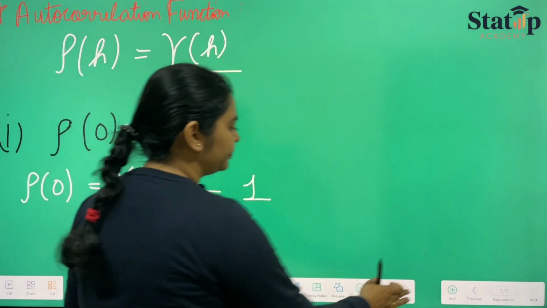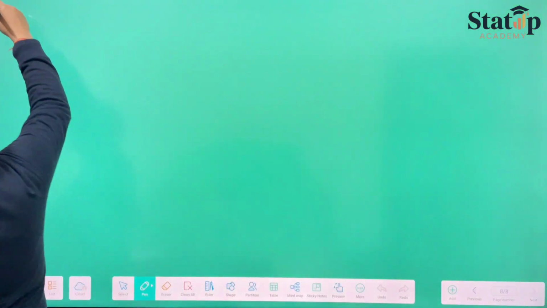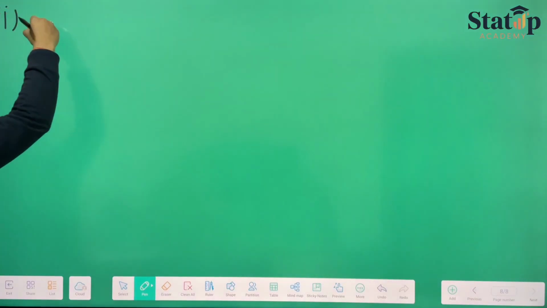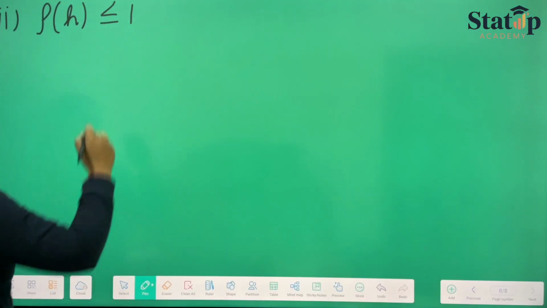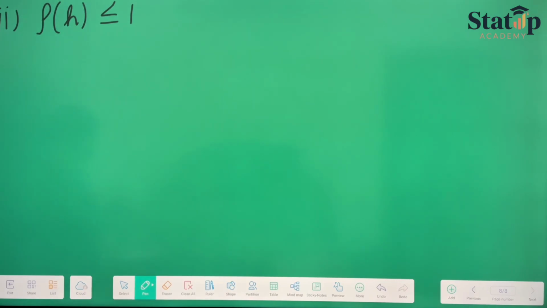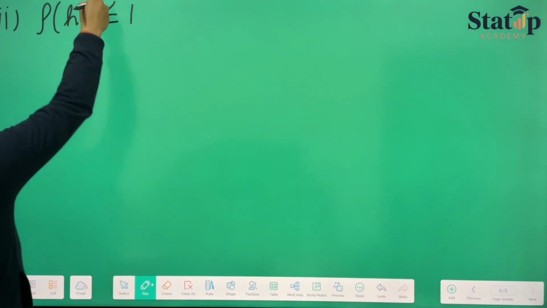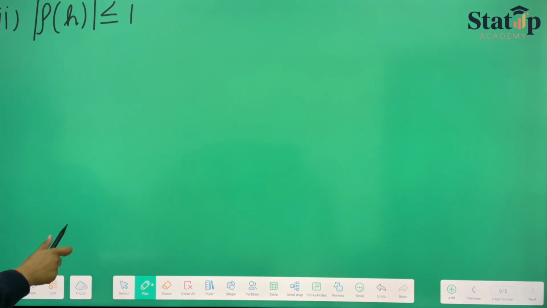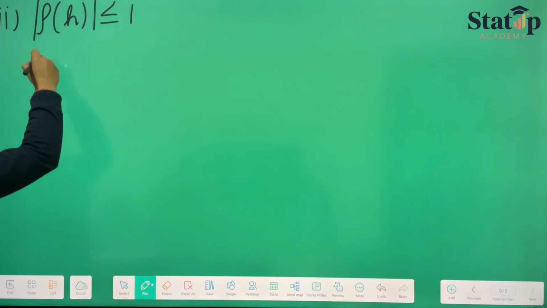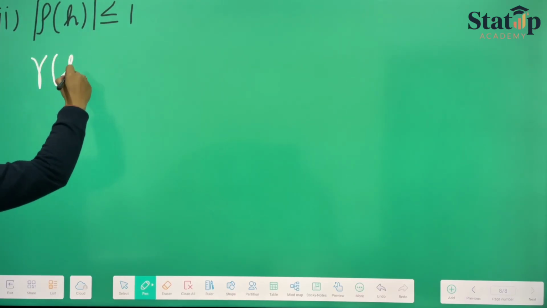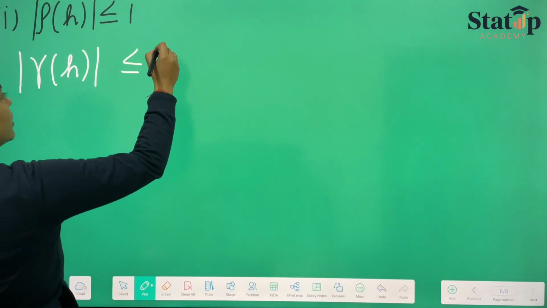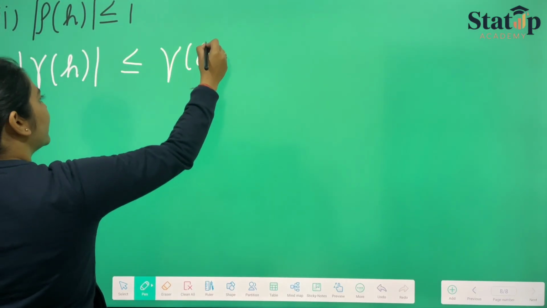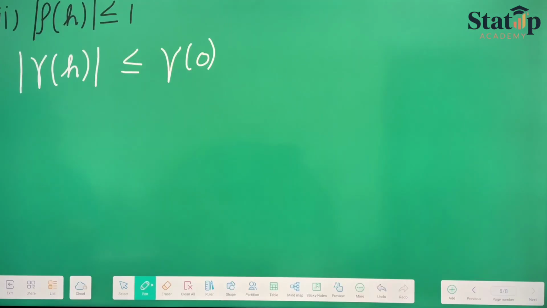Then the second property is autocorrelation of lag h modulus is always less than equal to 1. Now from the previous property, we know that this autocovariance of lag h is less than equal to autocovariance of lag 0.